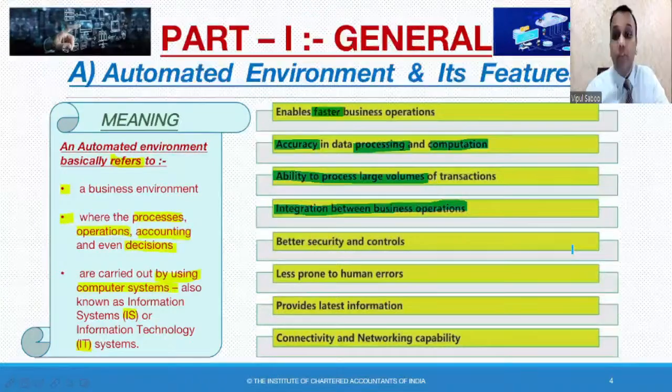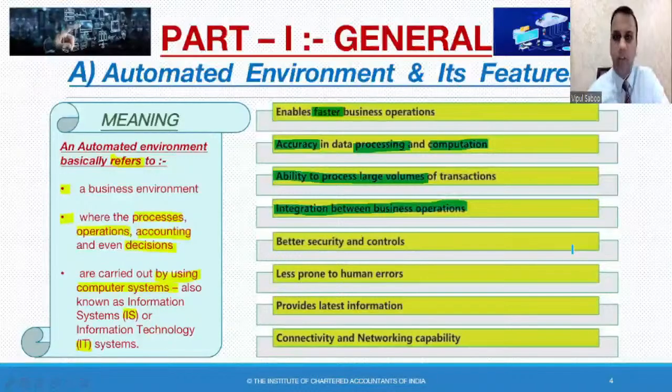What are the different kinds of business operations? Purchase, sale, expenses, decision making. So if the data is maintained in systems, those who have the authority to access it can access it, and they need not wait for someone from the other department to give them those physical notebooks, the physical vouchers or something like that.